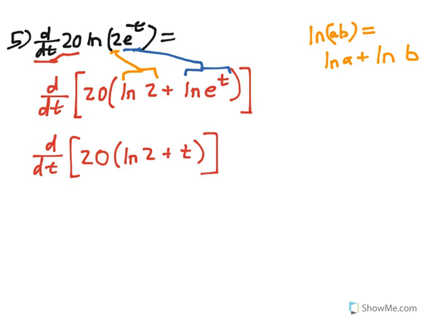Now we just distribute the 20. Notice all we're doing so far is stuff pretty much just Algebra 2 style manipulations. This is 20 times the natural log of 2 plus 20 times t.